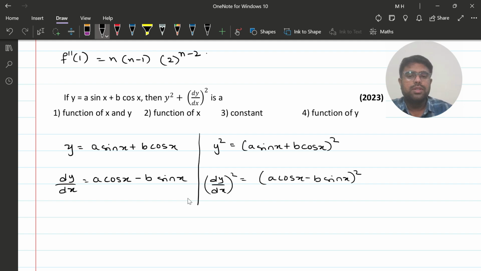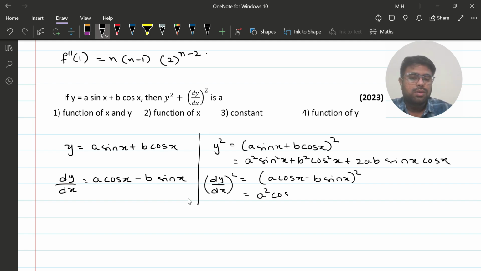Fine. So this will be a square sin square x plus b square cos square x plus 2ab sin x cos x, right? And then this would be a square cos square x plus b square sin square x, right, minus 2ab sin x cos x.